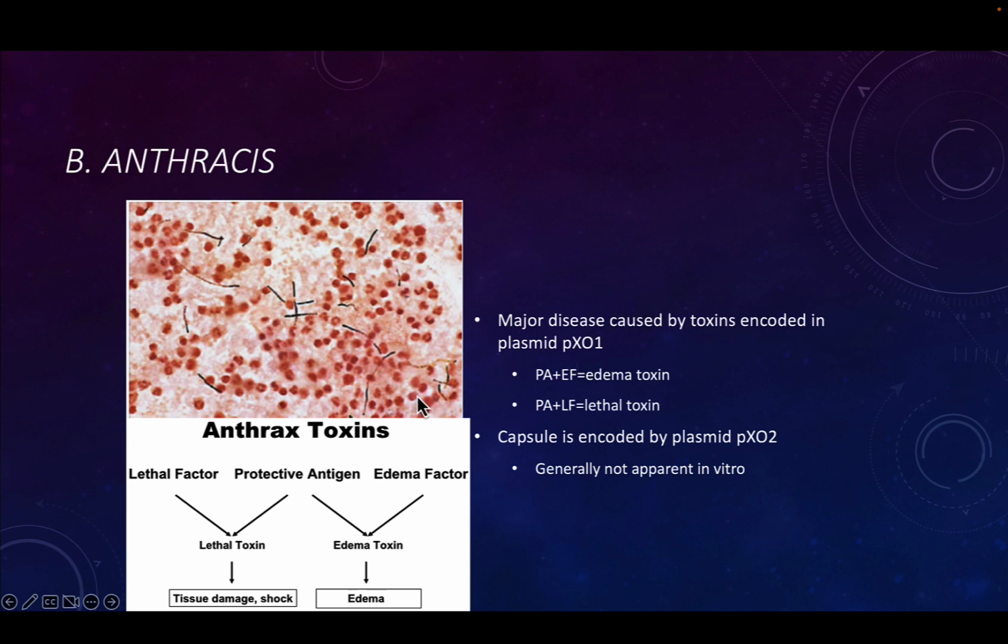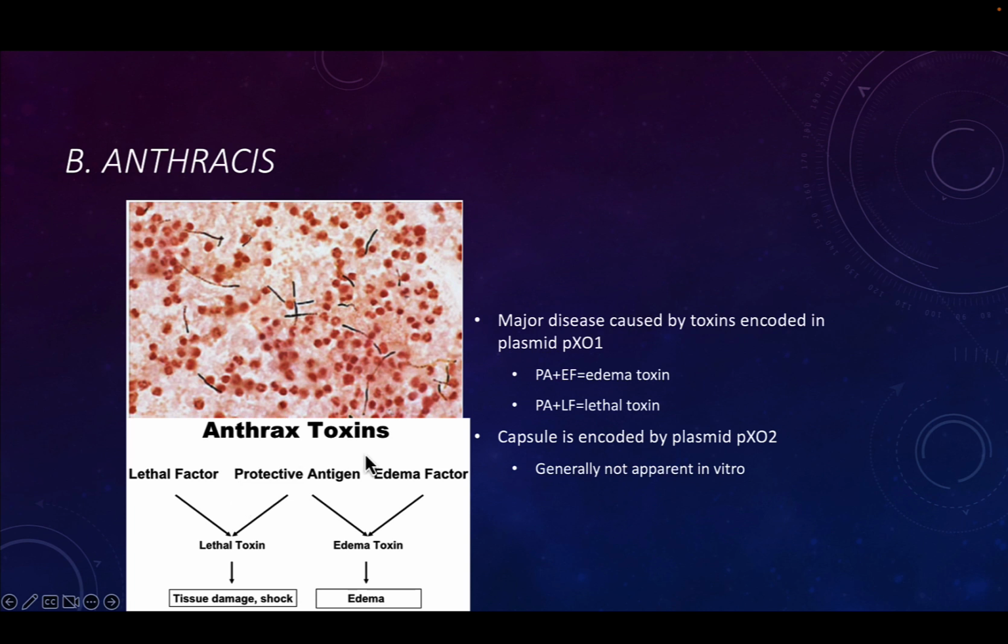There are 3 genes on pXO1 that lead to toxin formation. Their protein products can combine in 2 different ways to form 2 toxins. The proteins are lethal factor, protective antigen, and edema factor.